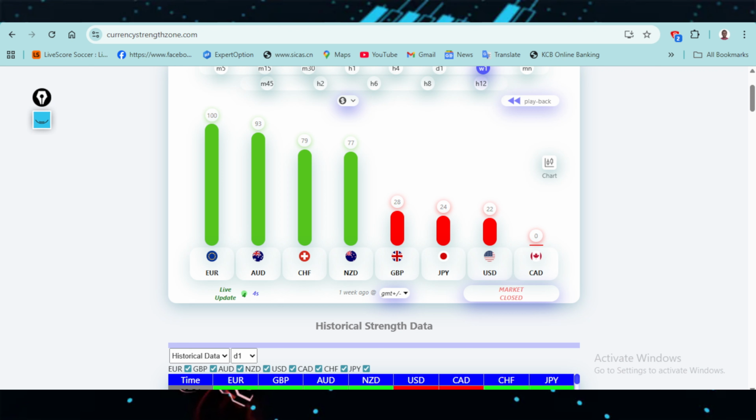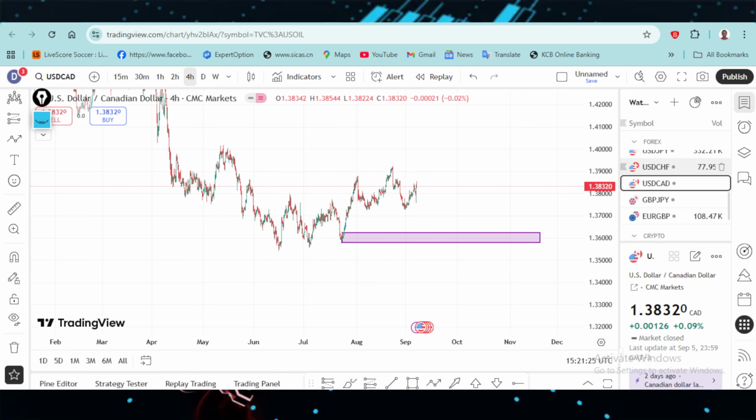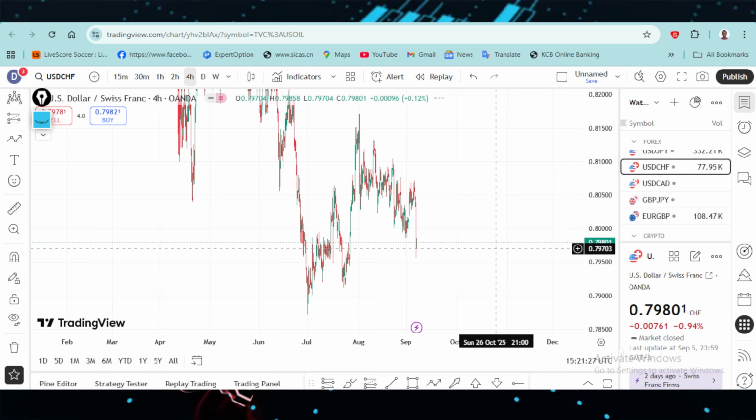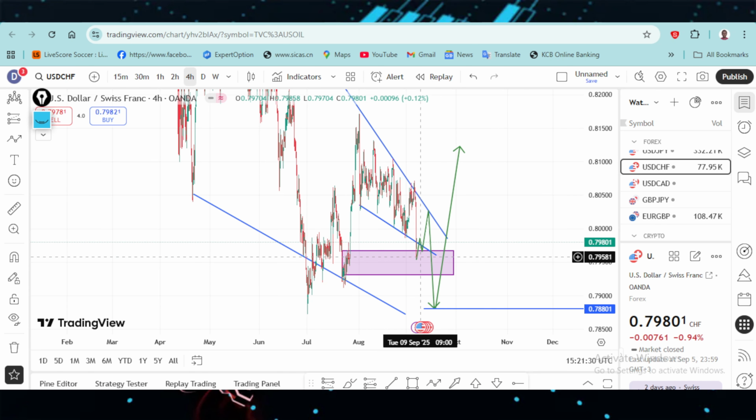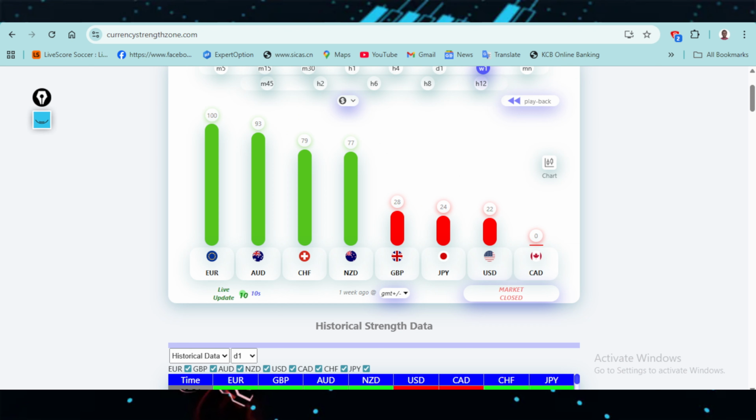USD/CHF, sell it like we saw right now here. We were saying we need to sell this. Why? Because the dollar is actually weak. We didn't just sell for no reason. The technical is telling us to sell, and the currency meter is also telling us to sell.